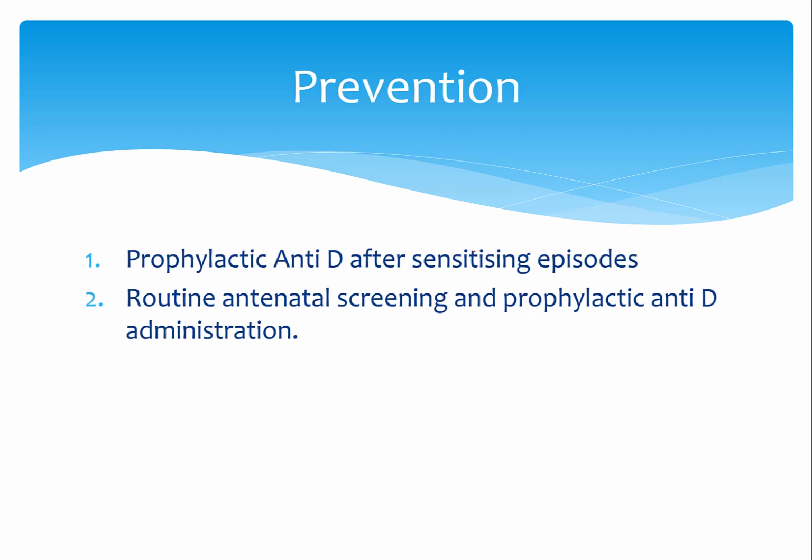It is now produced recombinantly. Initially, it was taken from horses, but now we have recombinant anti-D antibodies. It comes as a powder. We can make it soluble and then inject it into the mother as an IM injection or IV injection.